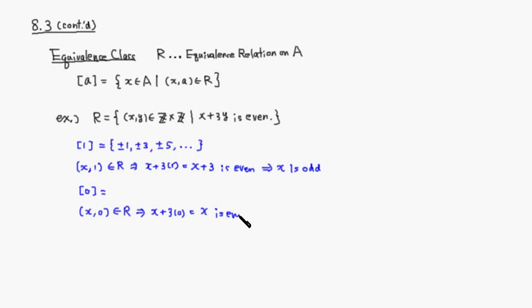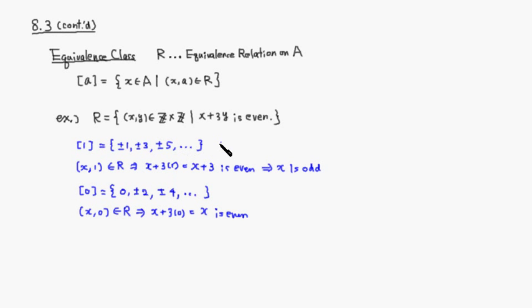So the equivalence class represented by 0 is simply the set of all even integers. So it's 0, plus or minus 2, plus or minus 4, and so on. So those are the equivalence classes.